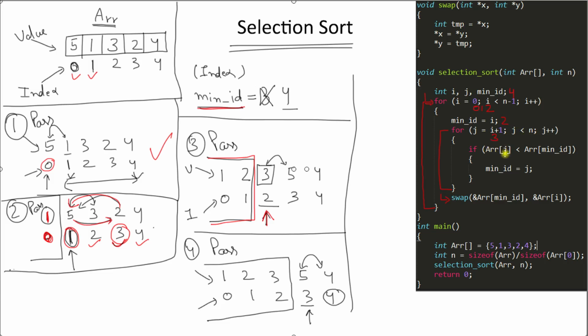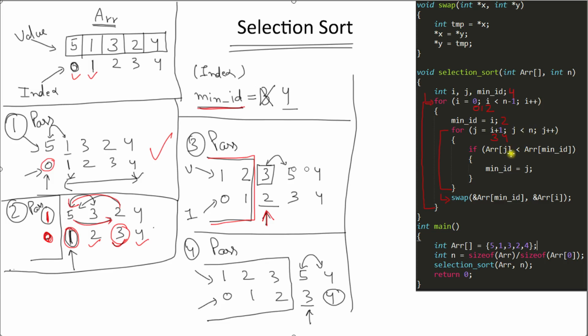Now you will compare array of j, which is 3, with array of minimum ID, which is 2. So this 2 will be compared with 3. Is this 3 less than 2? No, it is not. So we'll not go inside. We'll again go back and j++. j will become 4. 4 is less than 5, n. It is true. We'll go inside this if.